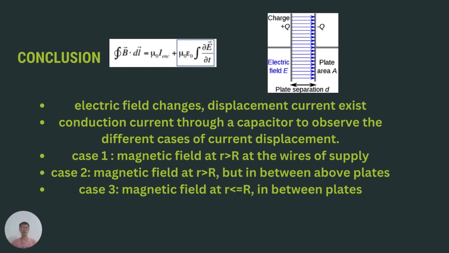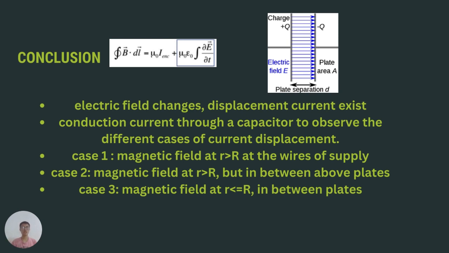Case one is about the magnetic field at r greater than capital R, where capital R is the radius of the capacitor plate. If it is greater than the capacitor plate and at the surrounding of the wires, it means that even though there is line current, by the right hand rule the magnetic field will exist, but it's clockwise.